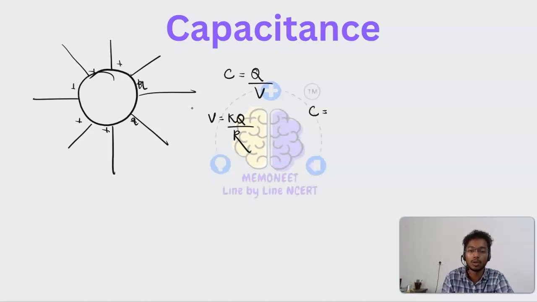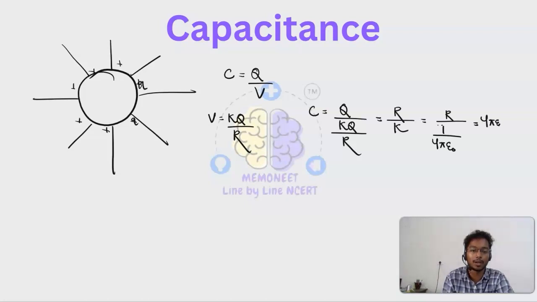C is equal to Q upon V, that is Q upon KQ upon R, that is equal to R upon K, that is R upon 1 upon 4 pi epsilon naught. The value of K is 1 upon 4 pi epsilon naught, so we can write 4 pi epsilon naught R. This is the capacity of the spherical shell to hold the charge.